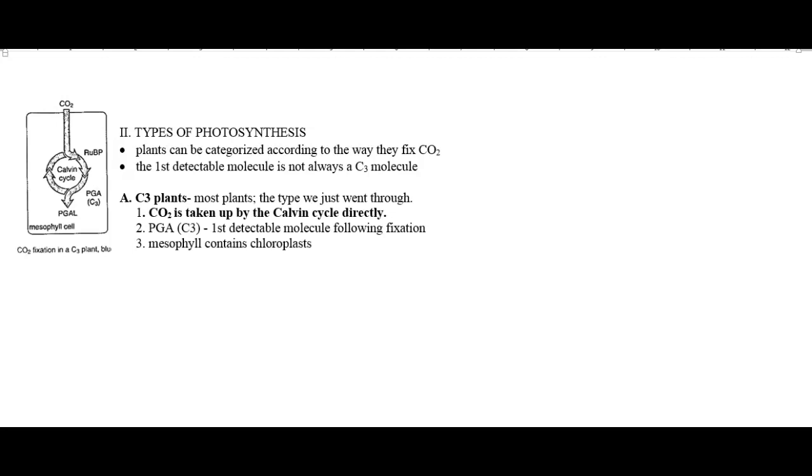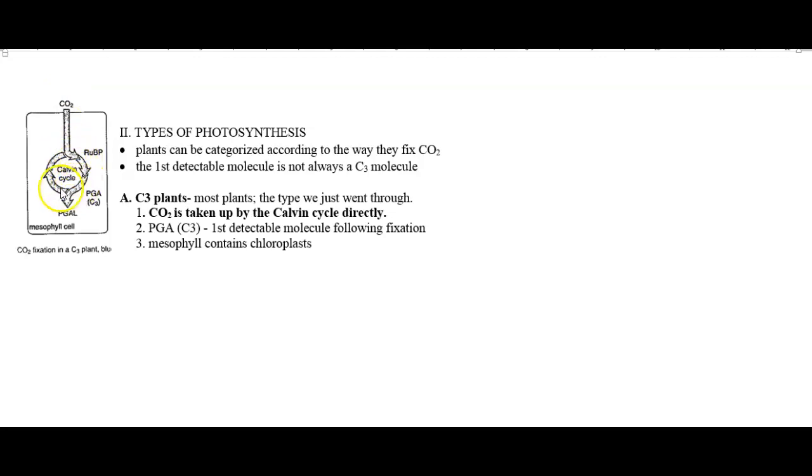So the key thing is fixing carbon dioxide. So to deal with some of the problems, which we'll talk about, there's going to be different types of photosynthesis. So again, it's going to be different depending on how they're going to fix that carbon dioxide. We are learning the C3 plants because most plants are C3 plants, where the carbon dioxide can go directly into the Calvin cycle.